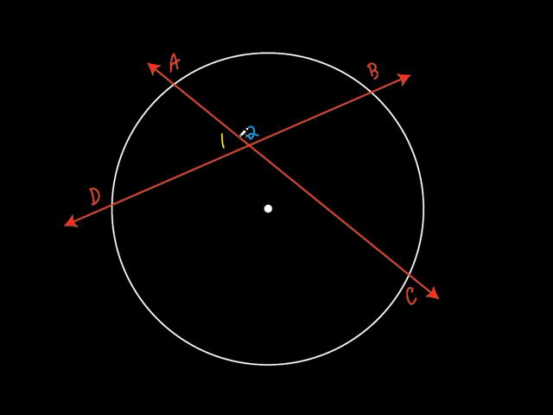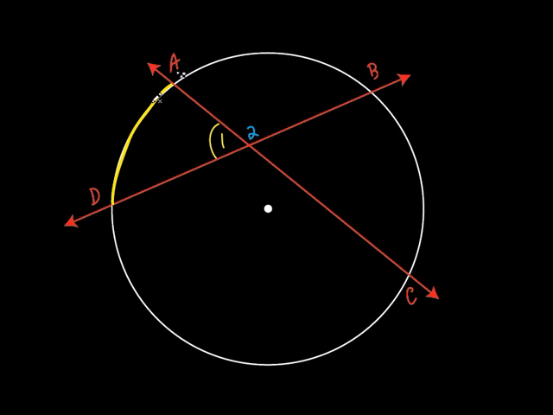You've got some angles that are formed right here. So let's take a look at angle 1. If I wanted to find what angle 1 was, I can take a look at the arc that angle 1 cuts off.